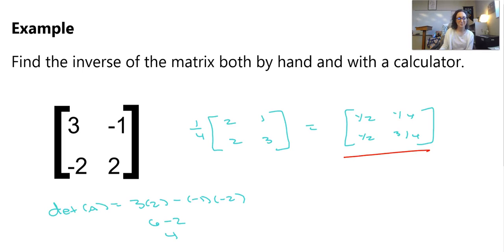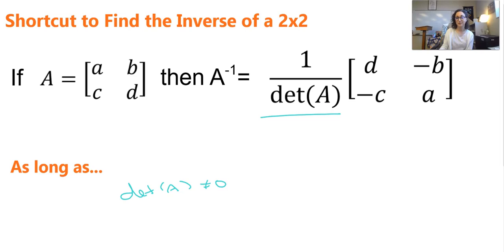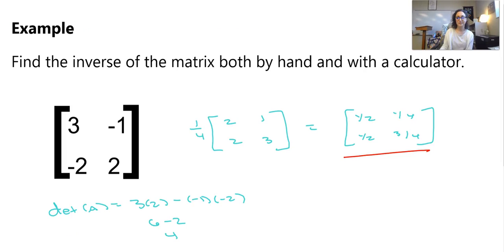All right, so remember we're going to follow this formula of 1 over the determinant times this new matrix where we switch the elements on the major diagonal and change the sign of the elements on the minor diagonal. All right, so the determinant, I got 6 minus 2, which is 4.